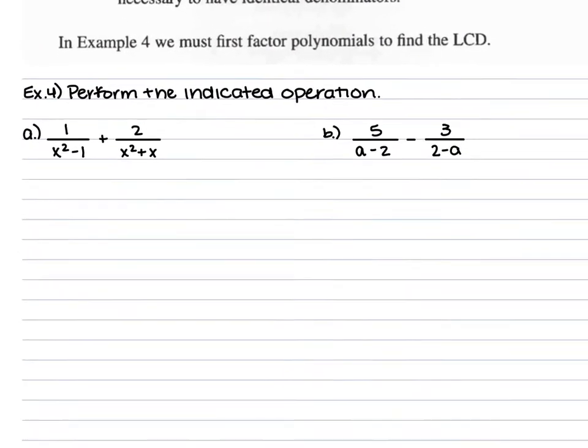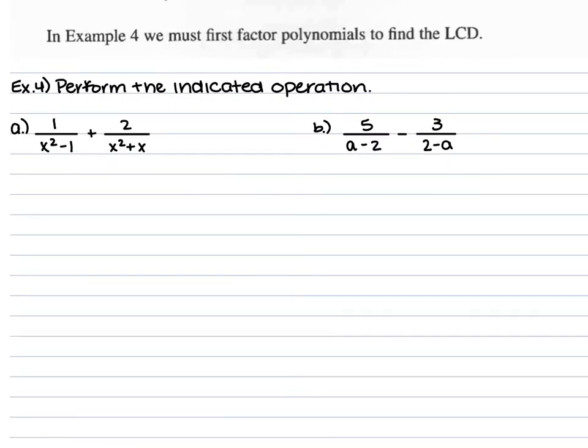With example 4, for a, we are given 1 over x squared minus 1 plus 2 over x squared plus x. I'm going to rewrite both of these denominators in factored form before I even find my least common denominator.